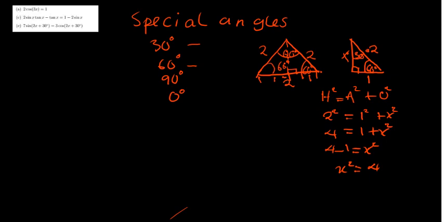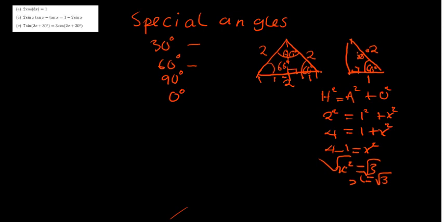When we subtract, we have 3 instead of 4, so x squared equals 3. Then we square root both sides, so x is equal to the root of 3. So where we have x, let's put the root of 3.